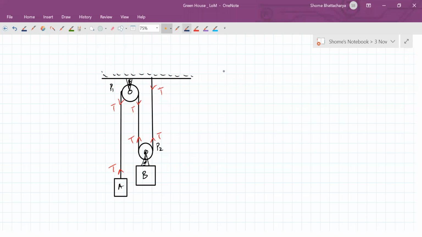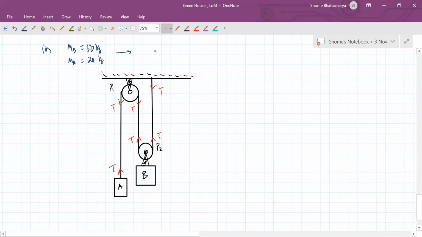Okay. In the second part, we have taken the mass of B as 50 kg and the mass of A as 20 kg. So the condition is that B will move down with acceleration, let's say, A2, and A will move up with acceleration A1.